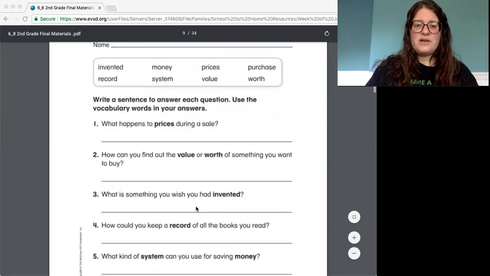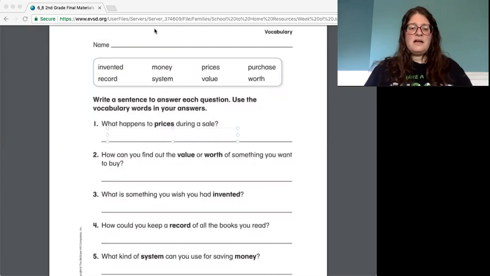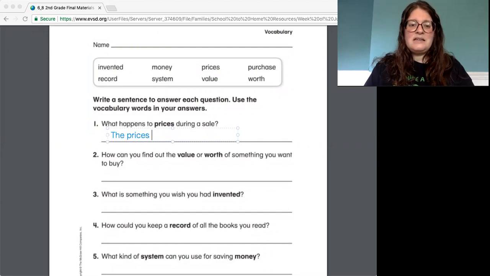And if you're wondering what those vocabulary words mean, you can read the story first that is at the beginning of your packet about money. But here's some examples. It says, what happens to prices during a sale? I could write a sentence like, the prices get lower during a sale.